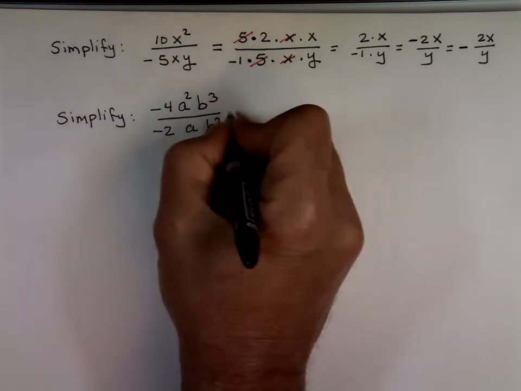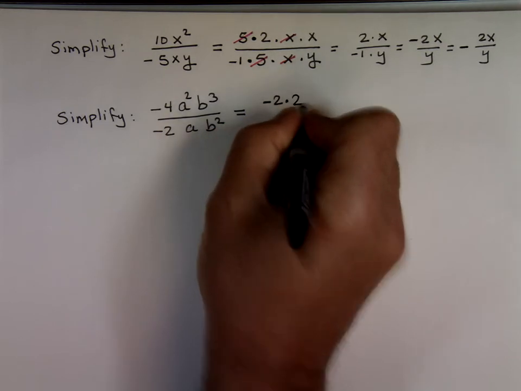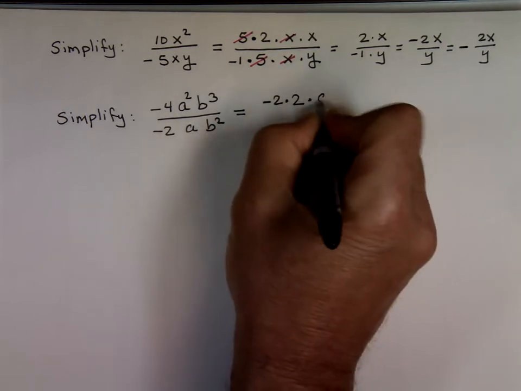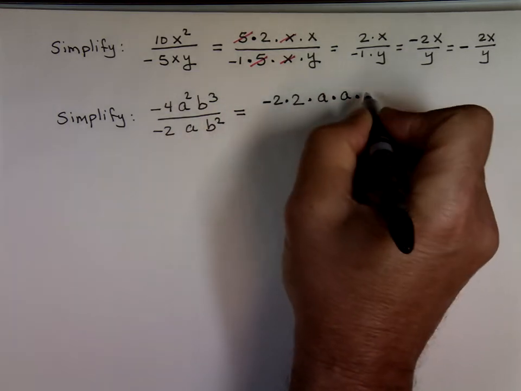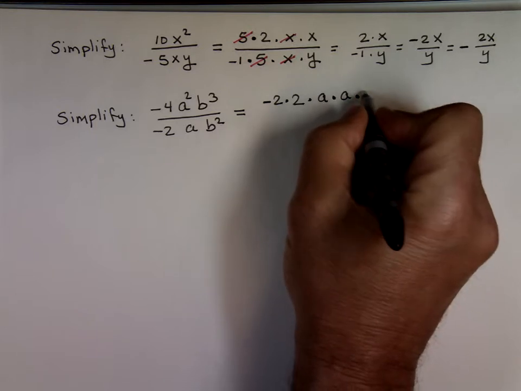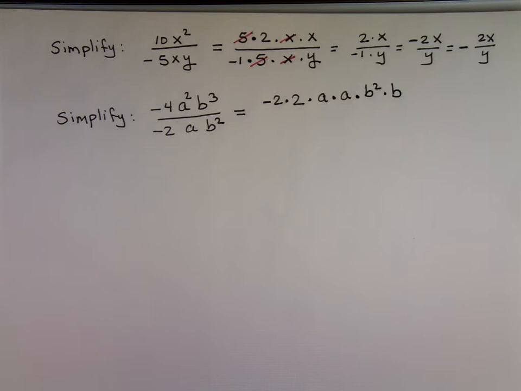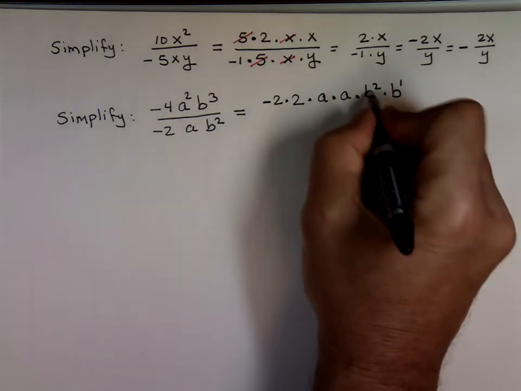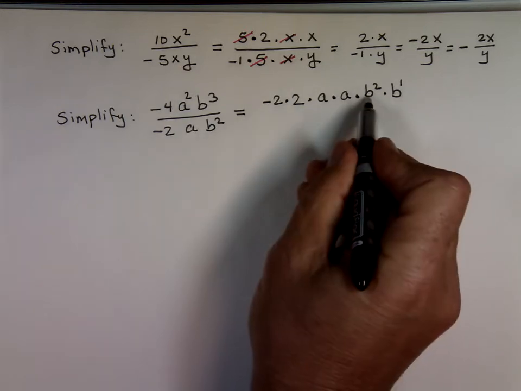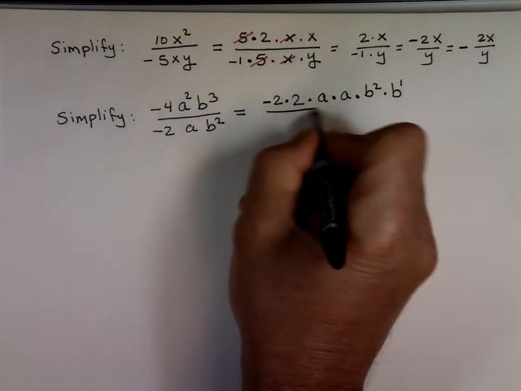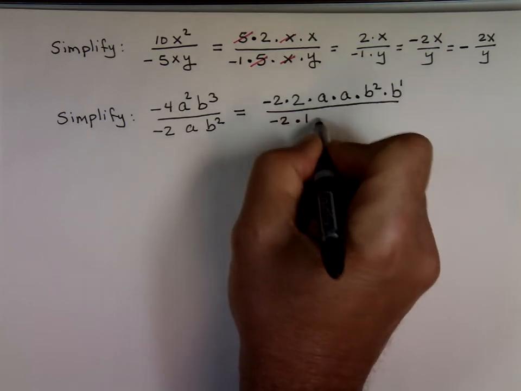So the negative 4 can be written as negative 2 times 2. a squared is a times a. b to the third, I can write it b times b times b, or b squared times b. Because when you multiply, remember, you add the exponents. That's a 3. I don't want to write b times b. Why break it down that many times there? And the negative 2, that's negative 2 times 1 times a times b squared.